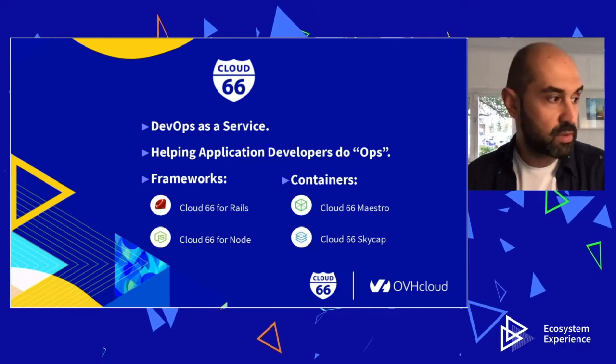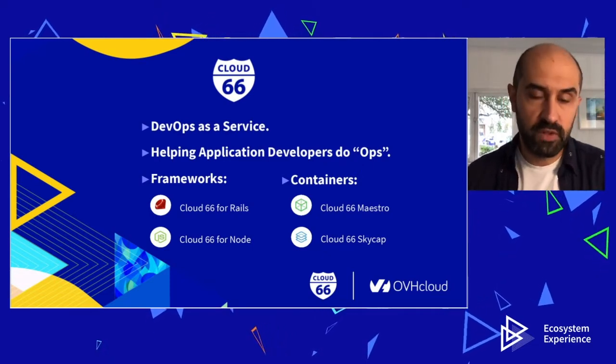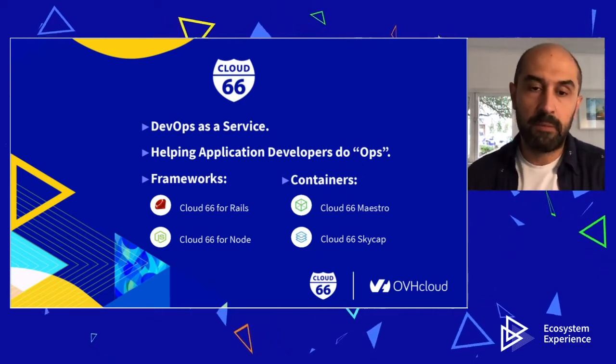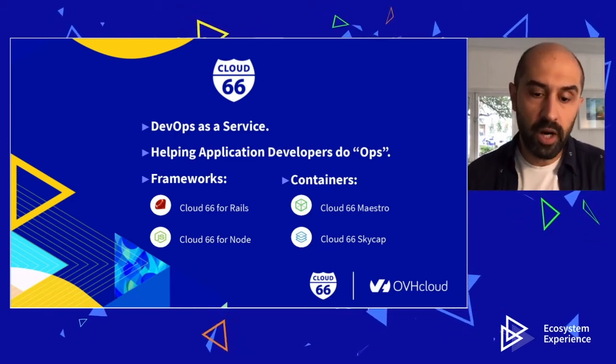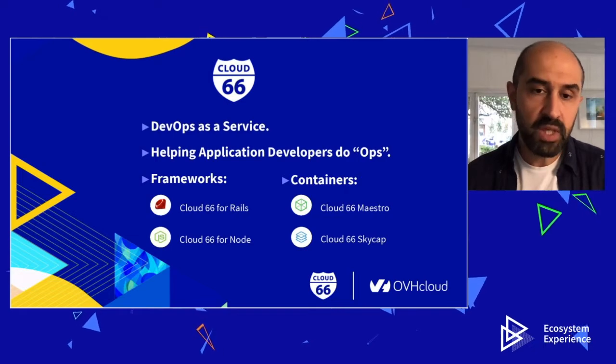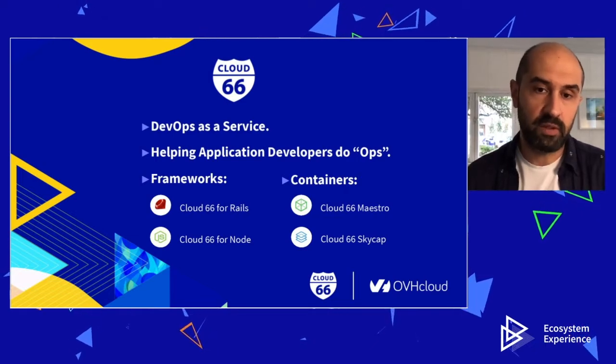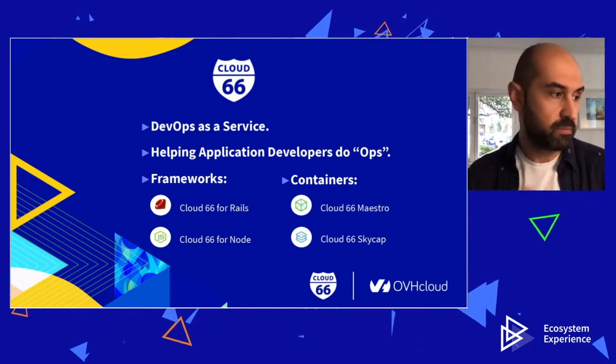With that, I can jump right into the demo and show you a little bit about one of these products, which is Cloud 66 for Rails, to show how it works and how it feels as an application developer, and why this could be a game changer for application developers to build great experiences for the users.